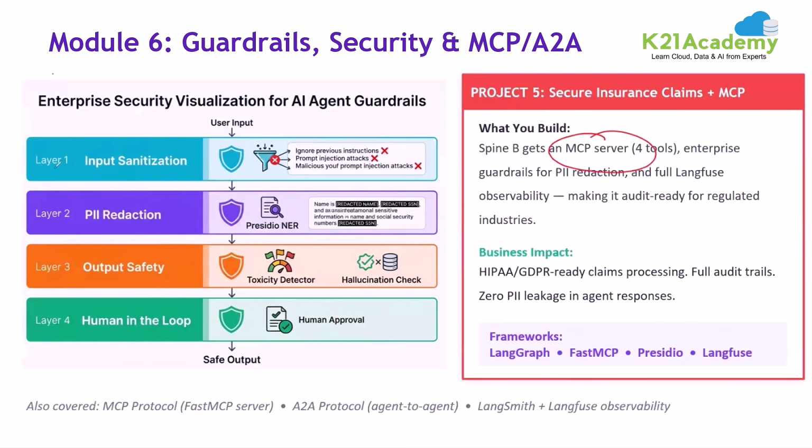So basically, you cannot directly give the user requirement to the agentic system, because the user can do some sort of prompt injection or give malicious prompts. That is very popular these days. So input sanitization is very, very important before the request goes to the agent for execution of the task. PII reduction means personally identifiable information.